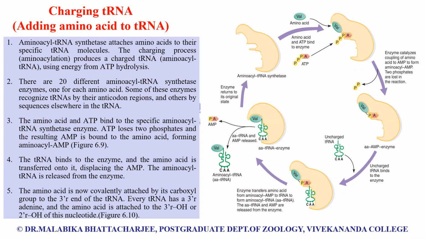So we have 20 different amino acid tRNA synthetase enzymes, one for each amino acid. So that is constant. If we have 20 amino acids, then we have 20 different amino acid tRNA synthetases.